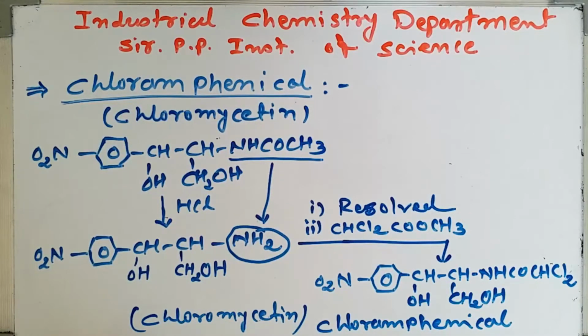And last, it also gives good results in the treatment of bacterial meningitis. In some cases of bacterial meningitis in patients, chloramphenicol gives good results. These are the medicinal applications of chloramphenicol.